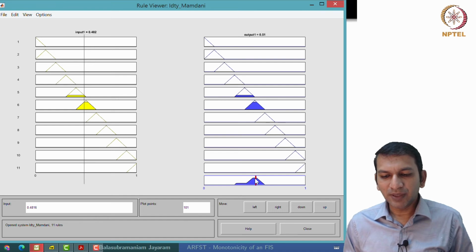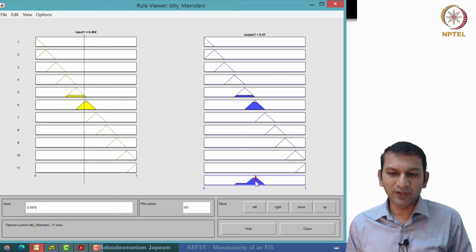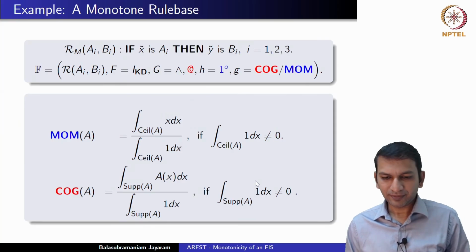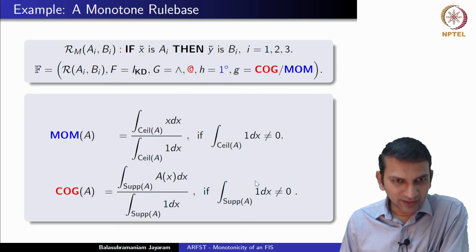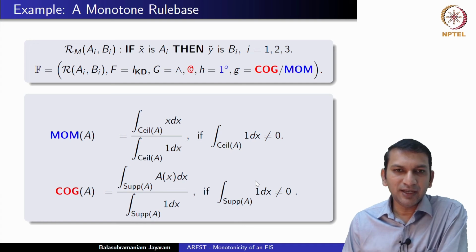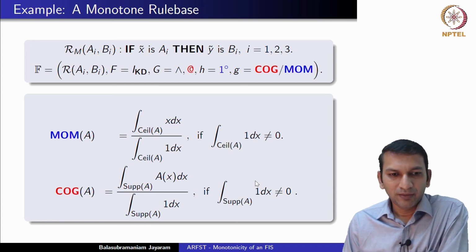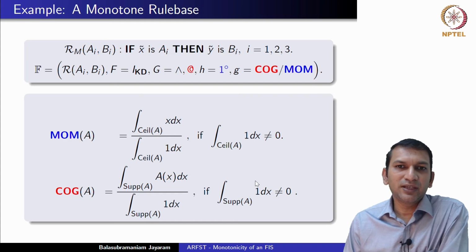So the mean of maxima is somewhere in the middle. This is essentially the mean of maxima method that we are using here. It considers only the maxima and then puts it at the average of them, so the middle of them. Center of gravity, we understand, takes the entire area, finds the center of gravity and then maps it down to the element at which that value is taken.